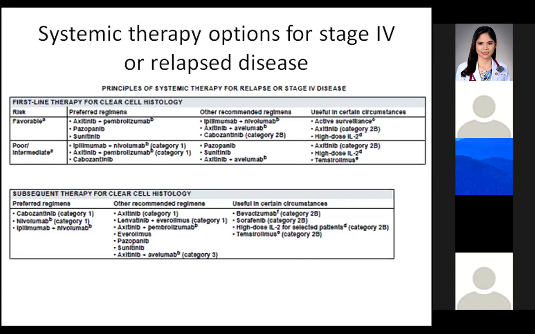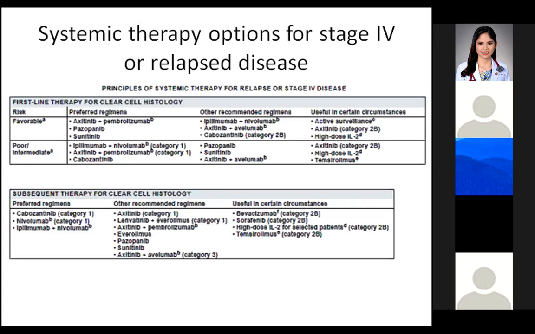And yung isa pa is yung cabozantinib. Ano siya? Small molecular inhibitor of tyrosine kinases such as VEGF receptors, MET, and yung NCCN panel, yung cabozantinib, category 2A recommendation siya for first-line treatment for poor and intermediate risk groups.